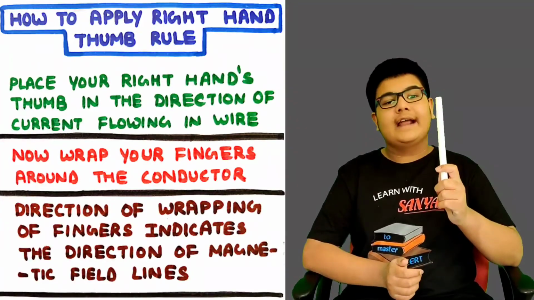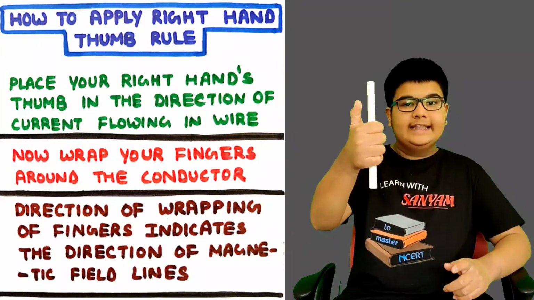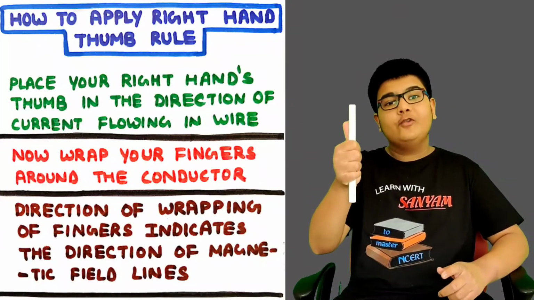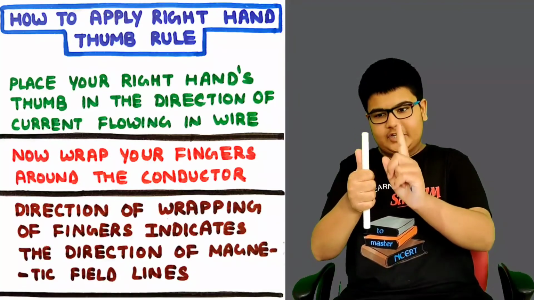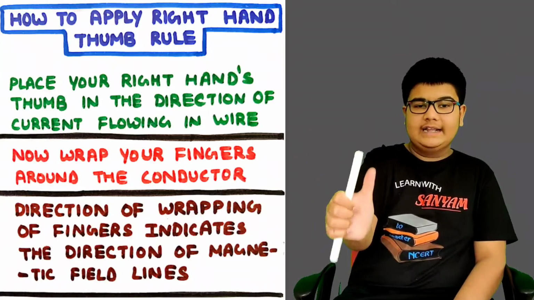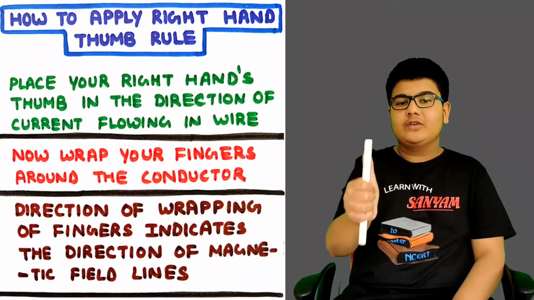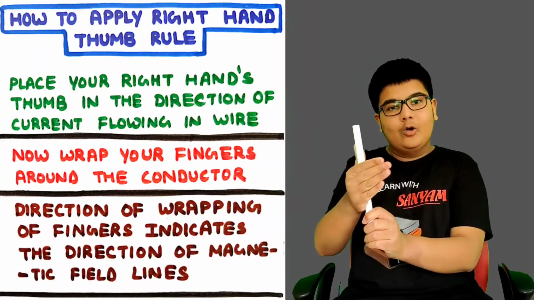To apply the right hand thumb rule, place your right hand's thumb in the direction of the current flowing in the wire. So consider that current is flowing in the upward direction. So here I have placed my right hand's thumb in the upward direction, which is the direction of the current. Now wrap your fingers around the conductor.